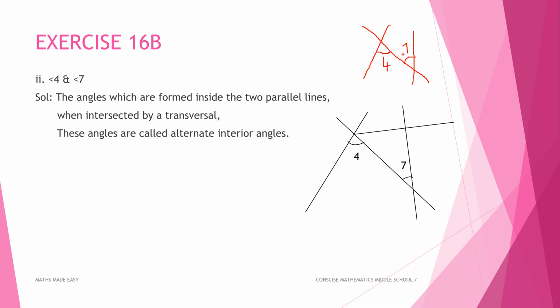See, this is the transversal line because it is cutting the two parallel lines. When a line is cutting two parallel lines, that particular line is said to be a transversal. I hope you understood this. These angles are called interior alternate angles. Angle 4 and angle 7 are interior alternate angles.